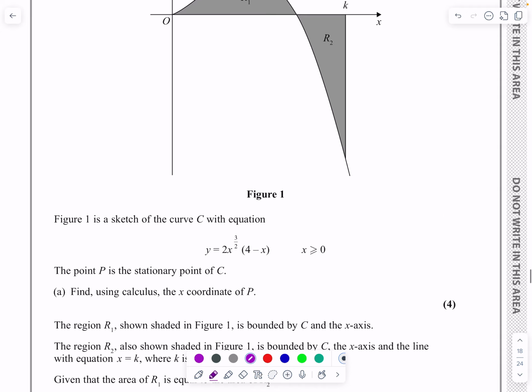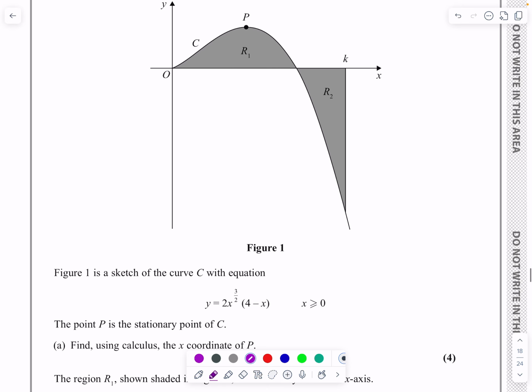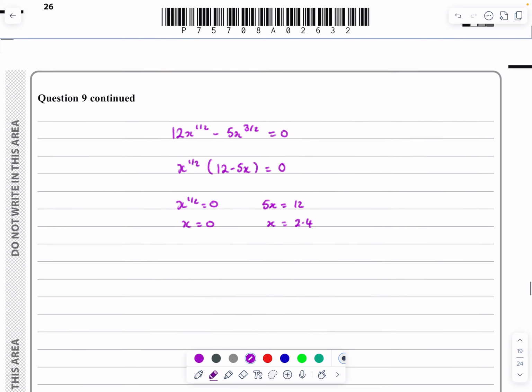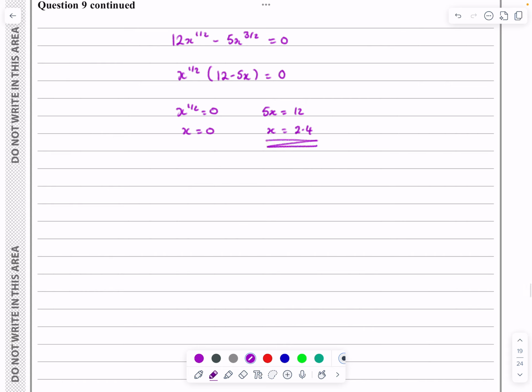If we just quickly go back to the function here, knowing this is 4 minus x, I know that value there is 4, I know that value there is 0. So we don't want the x equals 0, that would be that one there. P is going to be given from the curve by x equals 2.4. Not a solution.